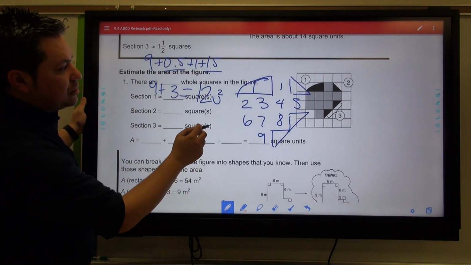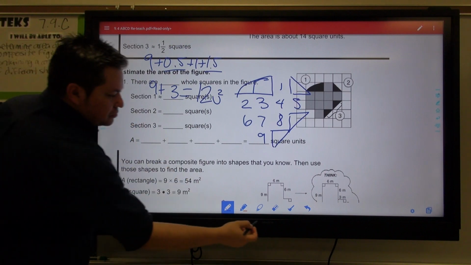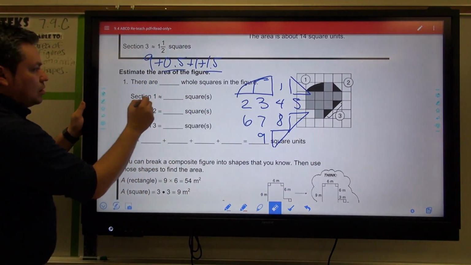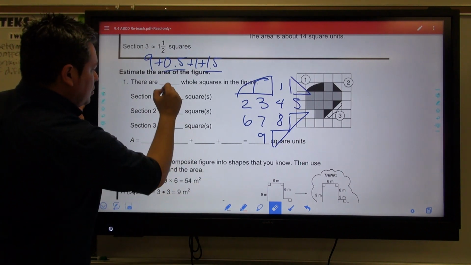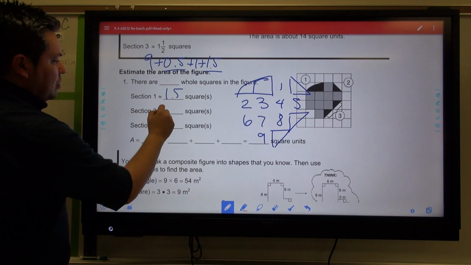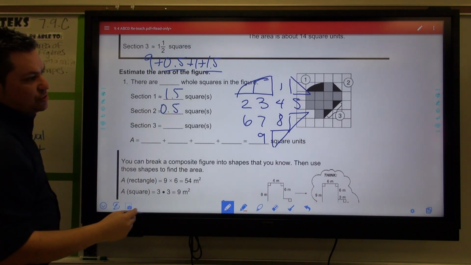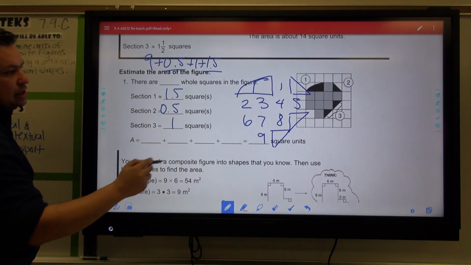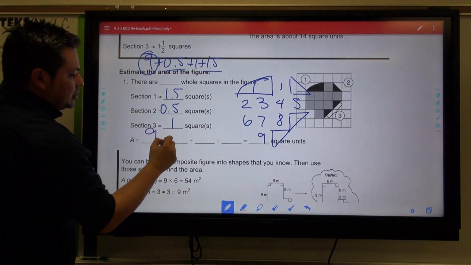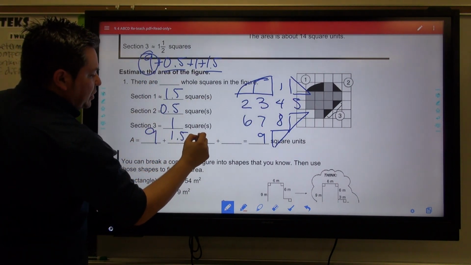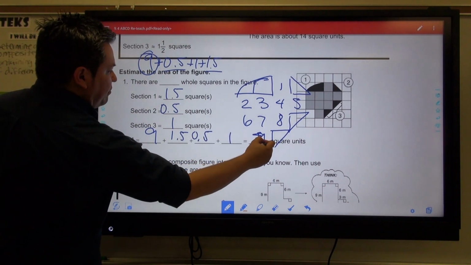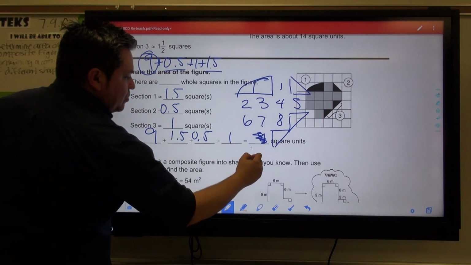Section 1 was 1.5. Section 2, 0.5. Section 3, 1. And the total was how many? 12. 9 right here. So 9 plus 1.5 plus 0.5 plus 1 gave me a total of 12.